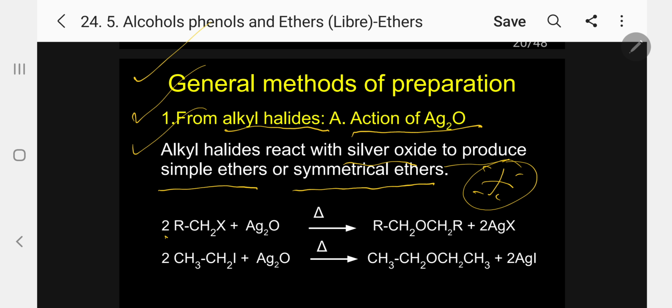This is the general method: 2RX plus Ag2O, on heating, gives the corresponding symmetrical ether. A specific example: 2 moles of ethyl iodide and 1 mole of silver oxide give diethyl ether and 2 moles of silver iodide. It is symmetrical because of 2 carbons and 2 carbons, kindly follow, on both sides. Symmetrical.